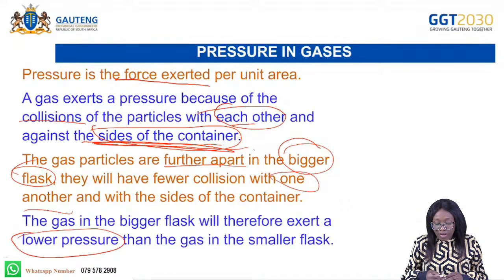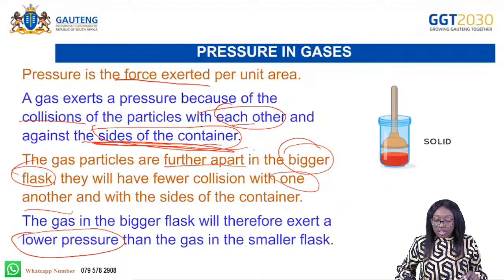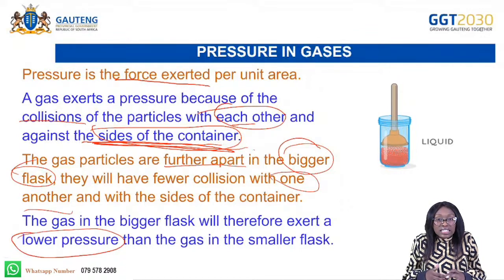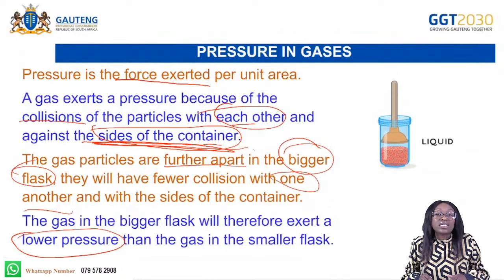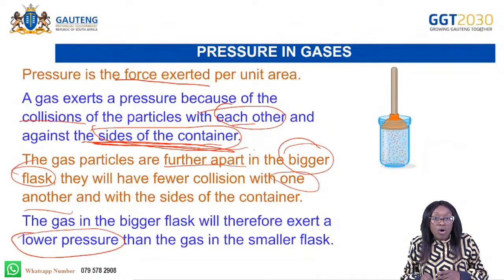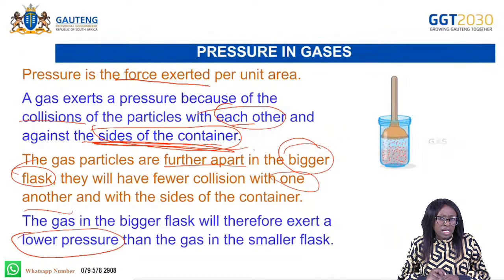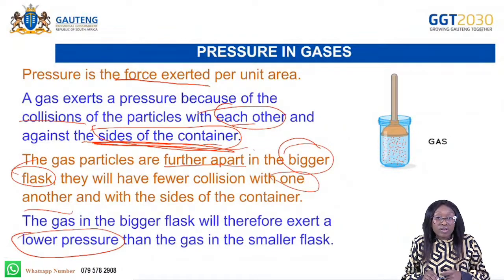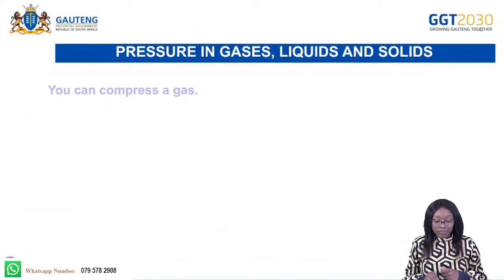If, however, it was a smaller container, the collisions were going to be more because there's less space available. There's less volume available. So the chances that the gas particles will collide with each other and collide with the sides of the container increase. The number of collisions also increases.